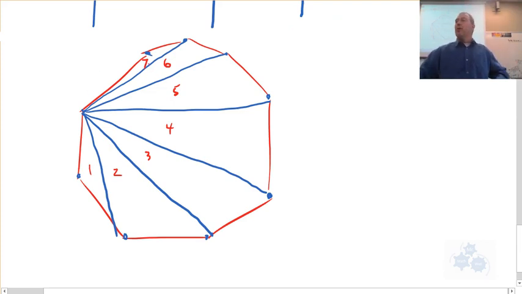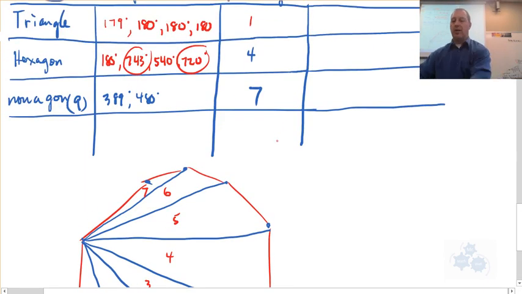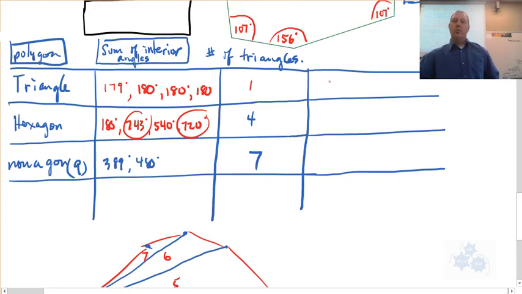So guess what? If we add up all of the angles in 7 triangles, we should get the sum of the interior angles of a nonagon. So watch this. This is 180 times 3 minus 2. That's 180. This one is 180 times, a hexagon has 6 sides, that's 6 minus 2, times 4. And what's that? 180 times 4 is 720.